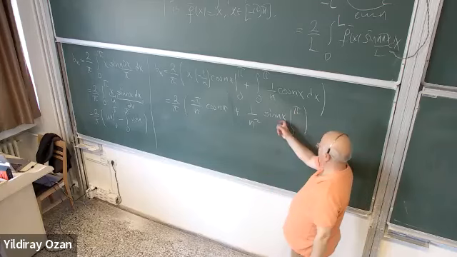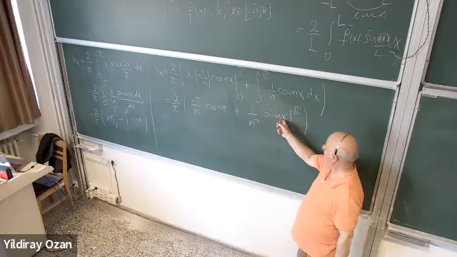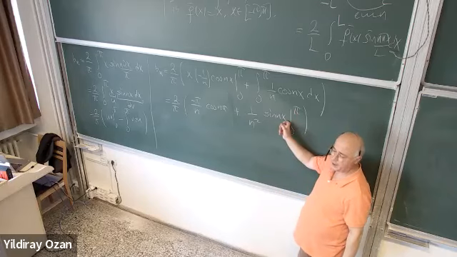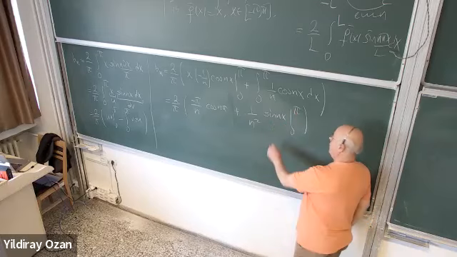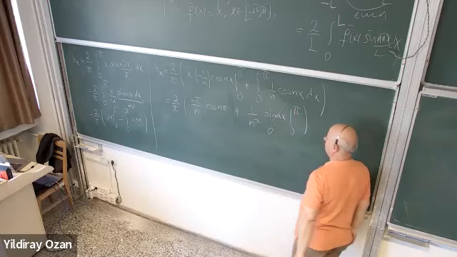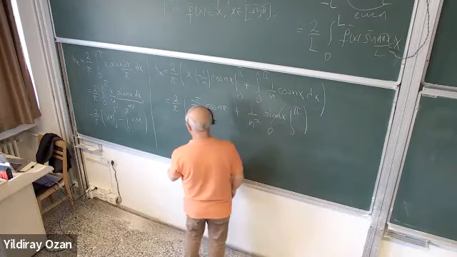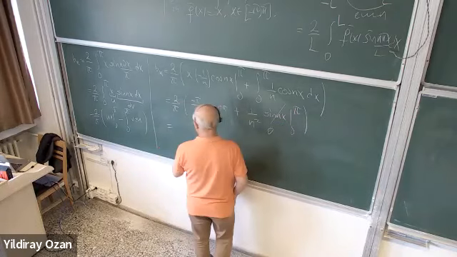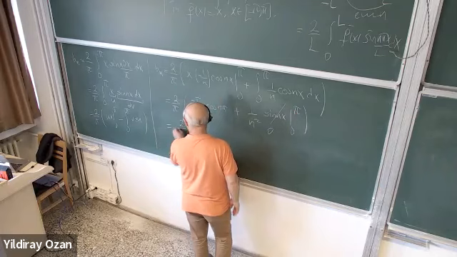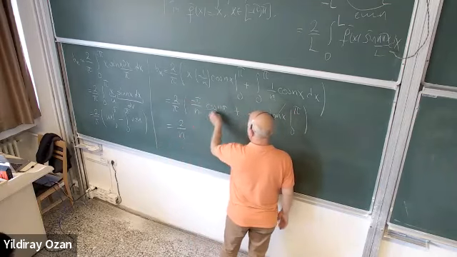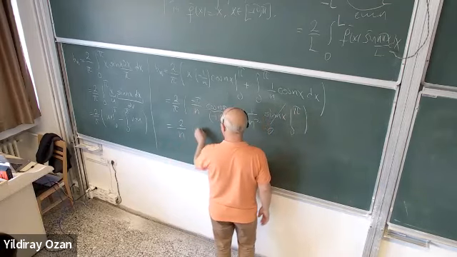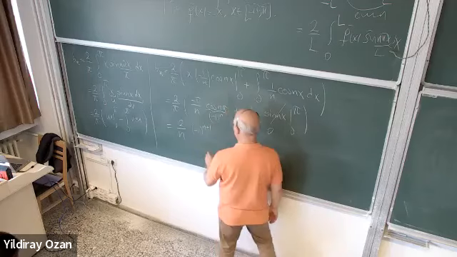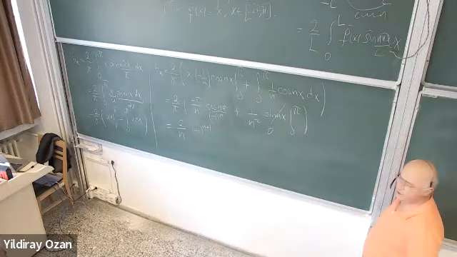Well, when I plug pi for x, I get sine n pi, which is 0. When I plug 0, I get 0. So this term is just 0, and the only term that survives is this. So minus 2 over n, this is just minus 1 to the power n, and I have another minus 1. So minus 1 to the power n plus 1. Okay, so Bn is just this.